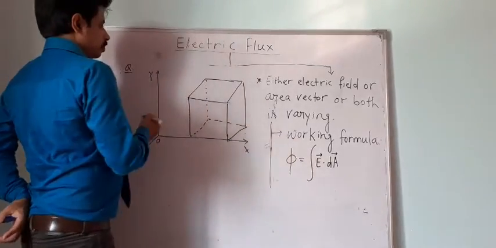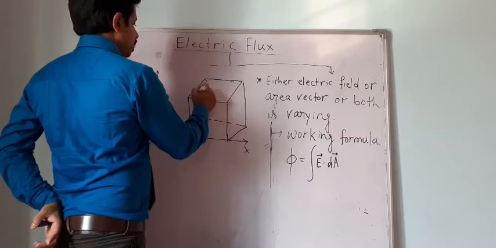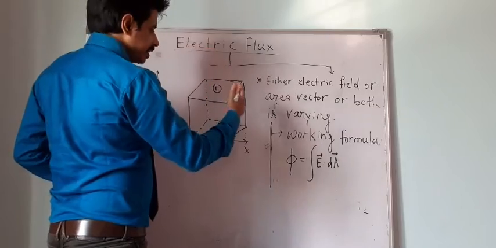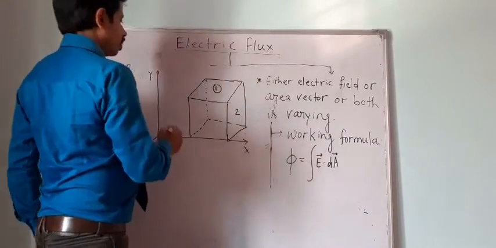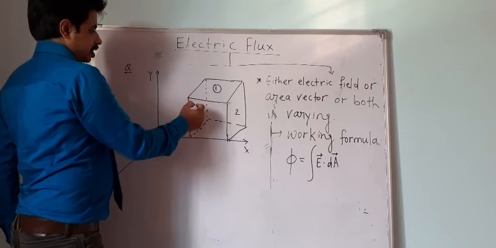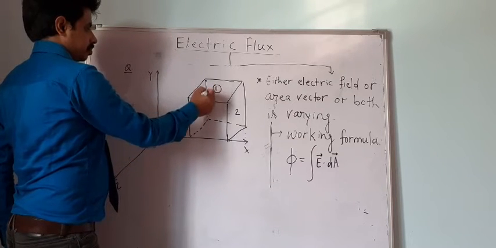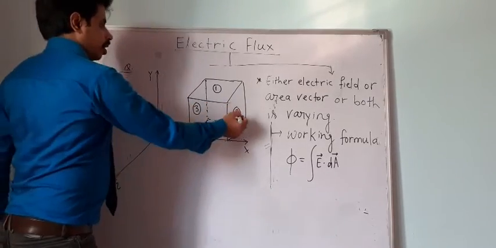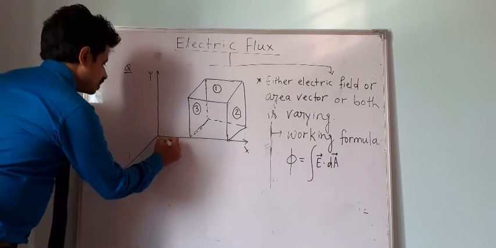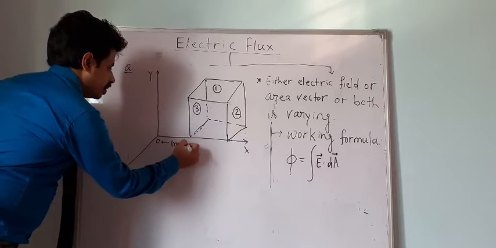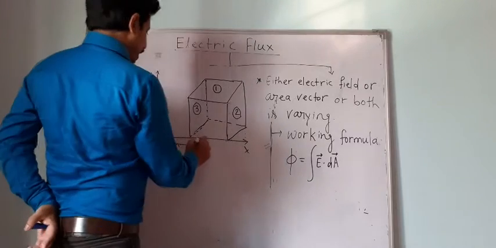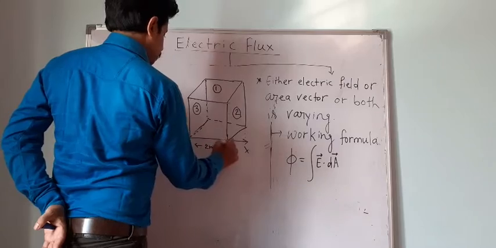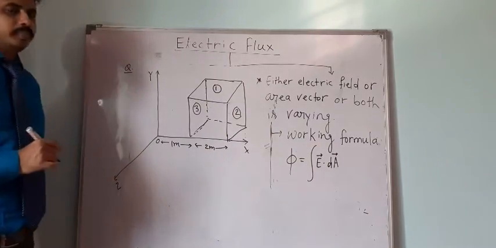Suppose this is my upper surface, surface number 1. This is the right side surface, surface number 2, and say this is my surface number 3. And this distance is 1 meter, and the side length of this cube is 2 meter.